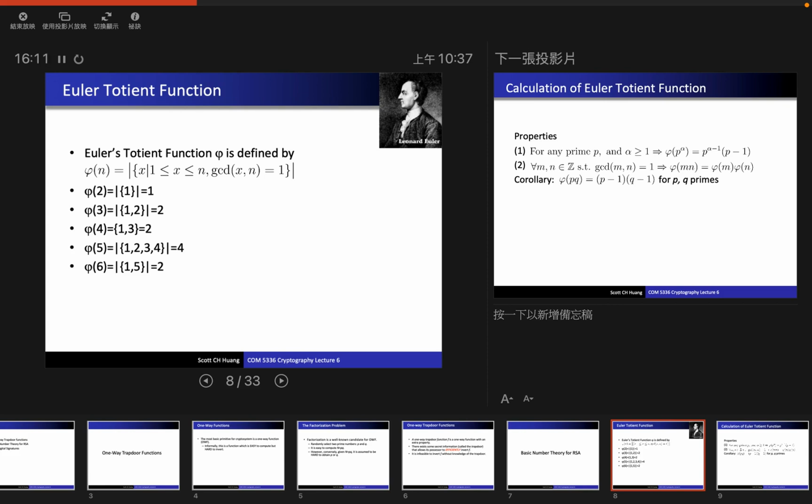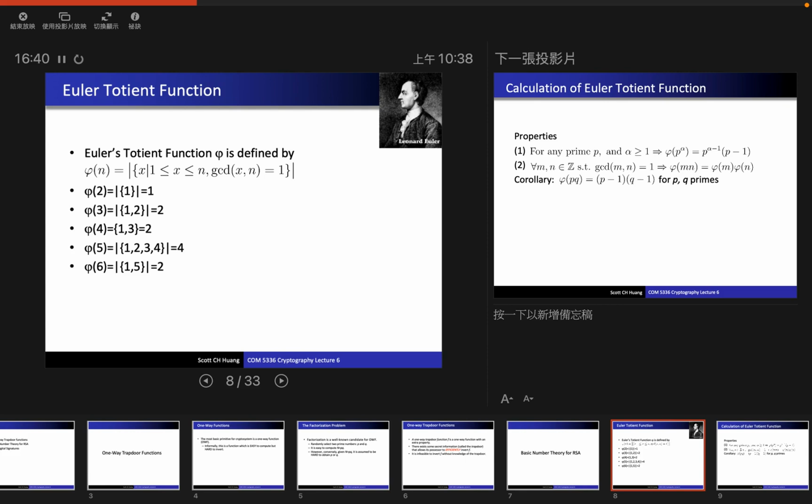12 has a factor of 2, so we delete all multiples of 2: 2, 4, 6, 8, 10. They're gone. And 12 also has a factor of 3, so we delete all multiples of 3. So 3 is gone, 6, 9, they're gone.